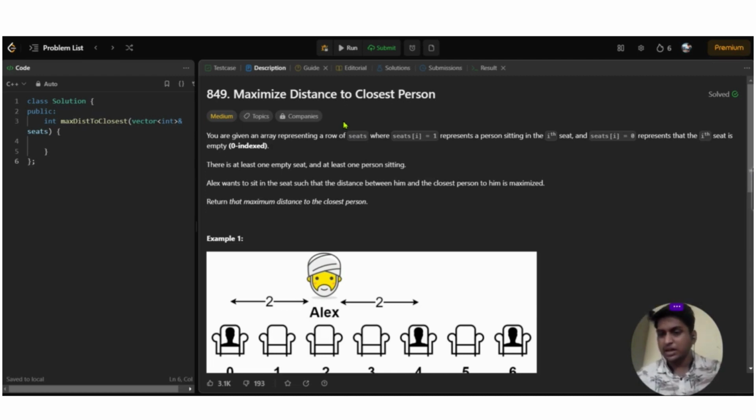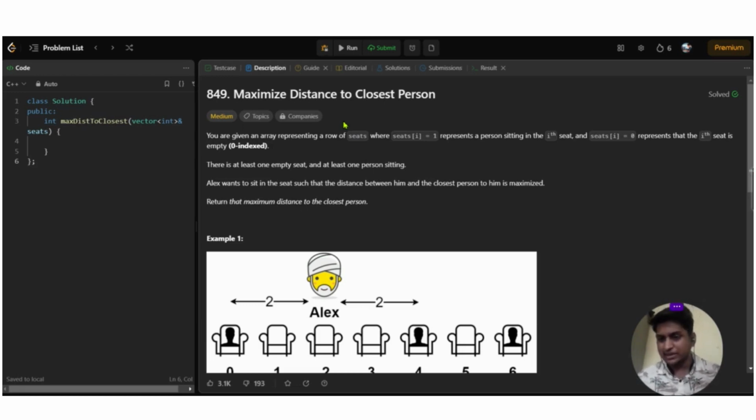And if the value at that index is 0, it means that seat is empty. Now we have a friend named Alex, and Alex wants to sit in such a way that the distance between Alex and the closest person to Alex is maximized.